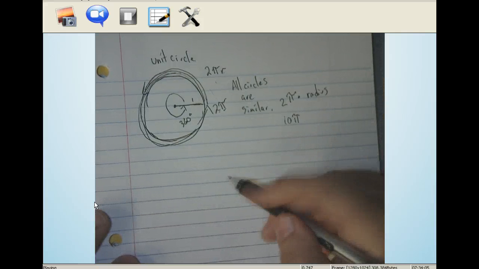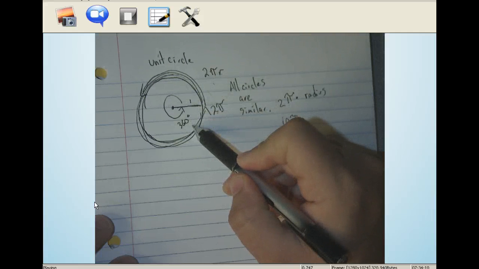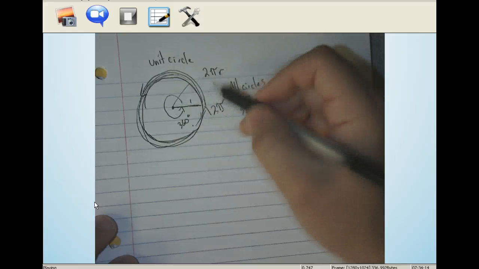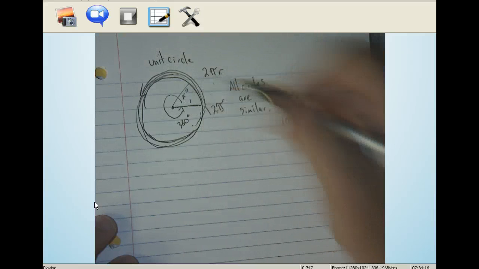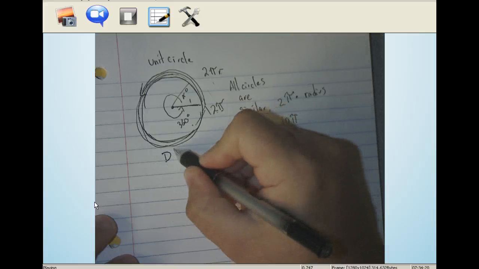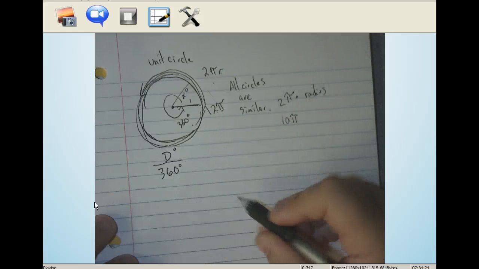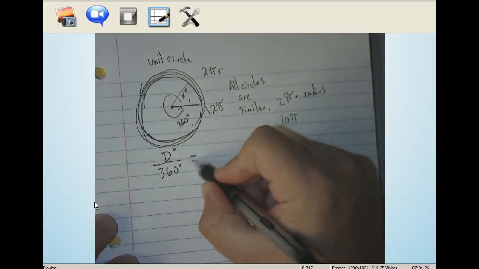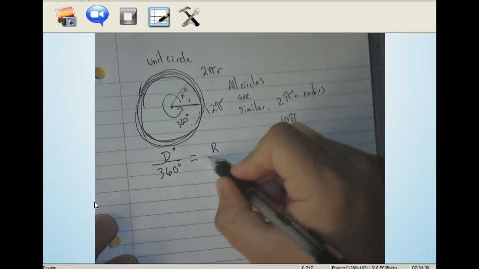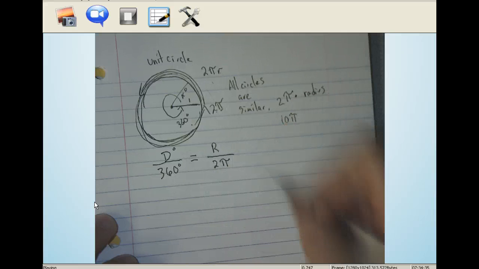Now we get to the point of saying, well, what about partial rotations? Not 360 degree turns, but a partial rotation. A partial rotation, we'd measure in some x degrees, right? So let's think about it. If it was d degrees out of 360 degrees, we know that it's going to be equal to r radians out of 2 pi radians.